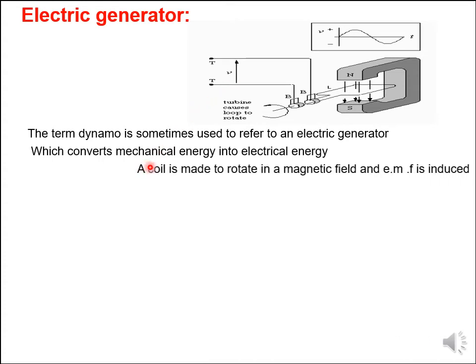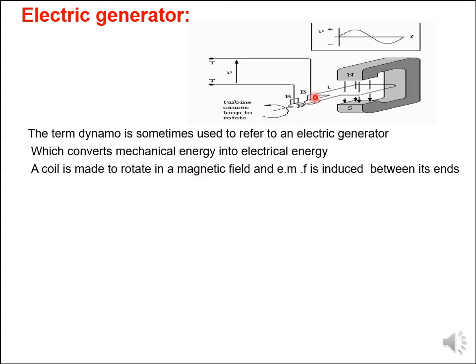A coil is made to rotate. This coil is made to rotate in a magnetic field, and an EMF is induced between its ends. This induced EMF is delivered to the external circuit.